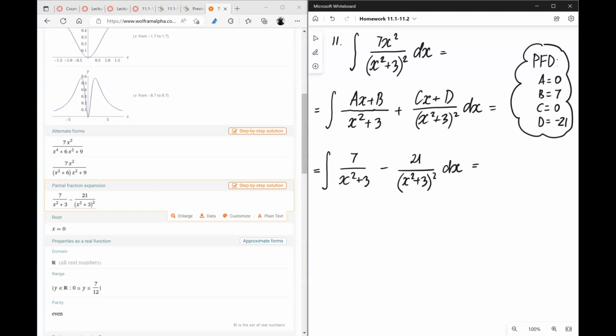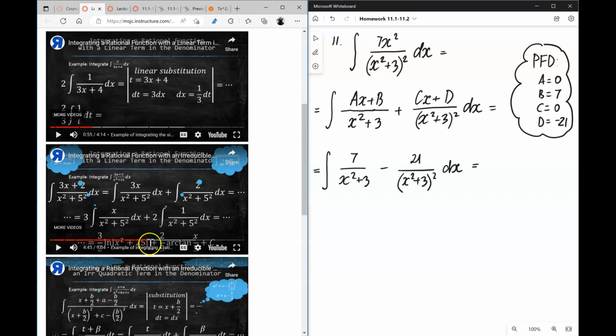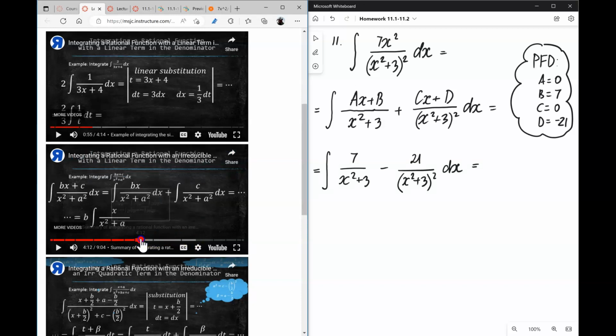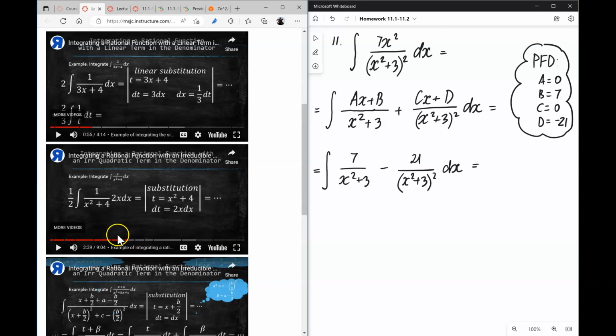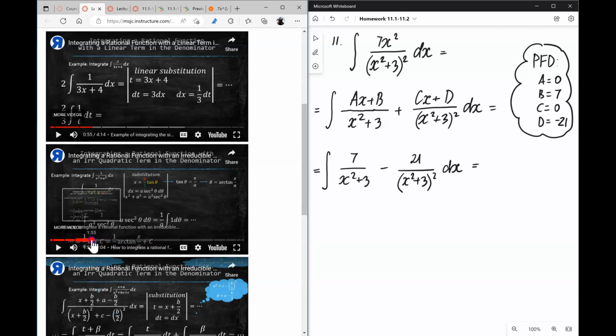Now, these integrals are pretty standard. They're not easy, but they are standard, and we did learn how to integrate such functions in this lecture right over here. So for the first integral, we're basically just going to follow this template right over here.